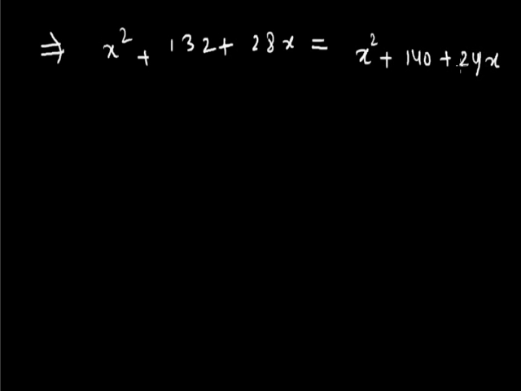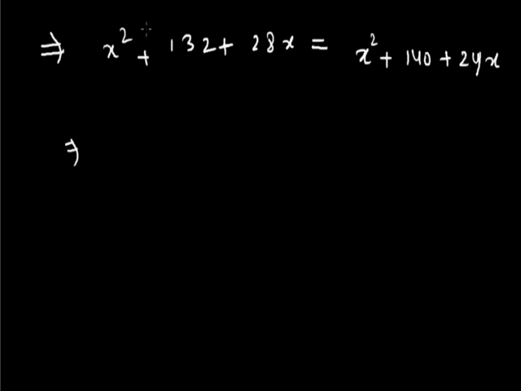Multiplying the first two terms in the LHS, I'll get x square plus 132 plus 28x, and multiplying the two terms in RHS, I'll get x square plus 140 plus 24x.